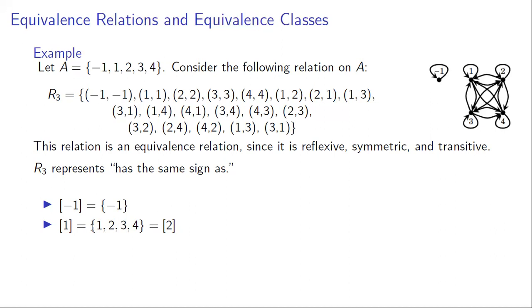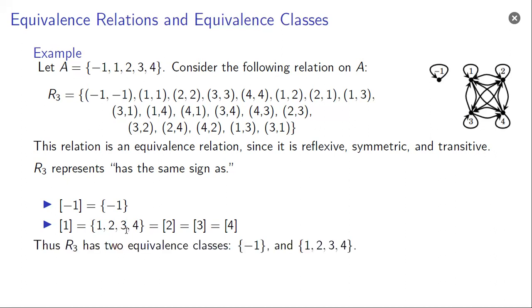And this is also the equivalence class of 3, and also the equivalence class of 4, because this is the set of all things that are related to 4. Thus, R3 has 2 equivalence classes, the set containing -1 and the set containing 1, 2, 3, 4.